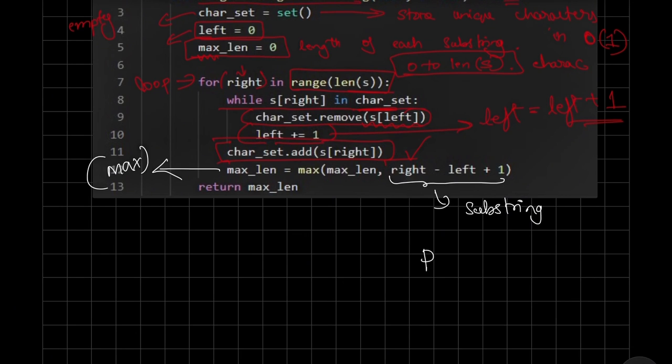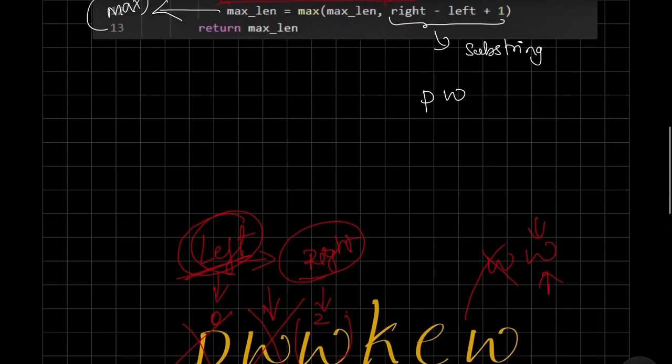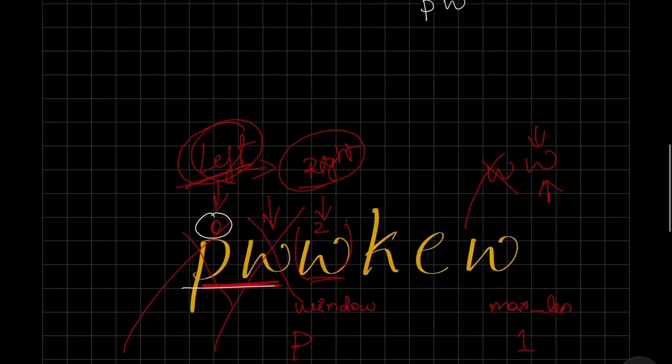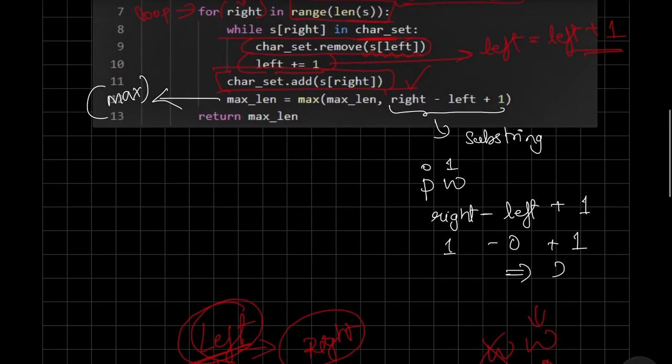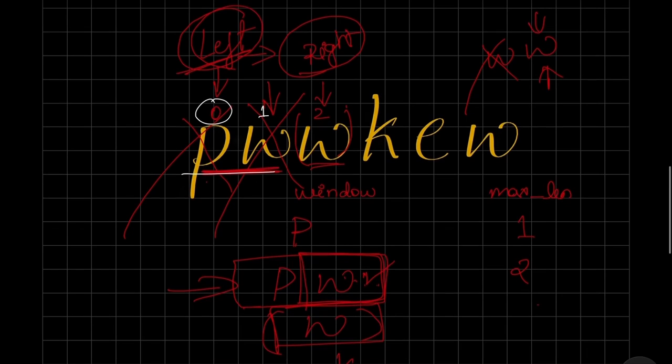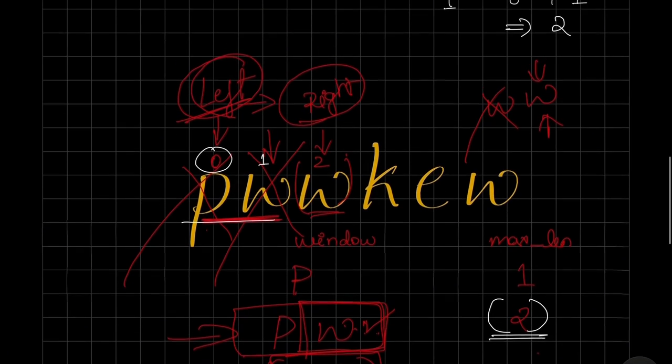Consider P and W, these two, and the indices are 0 and 1 here. So the right index is 1 minus the left index 0 plus 1. So this will be 2, which is the length of the substring.